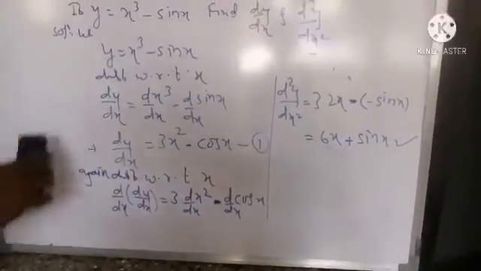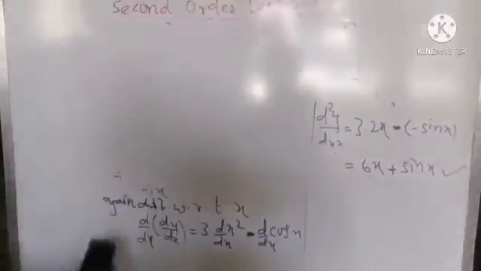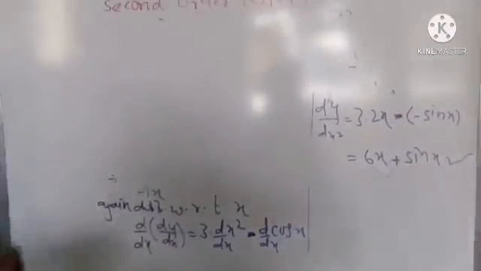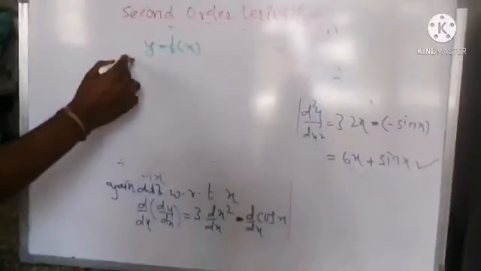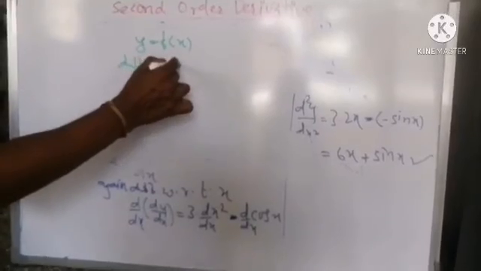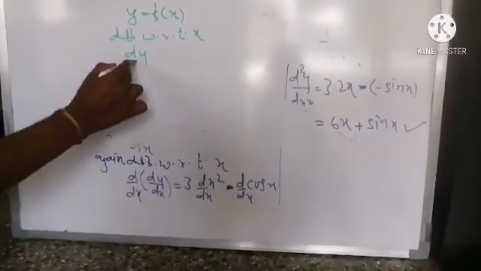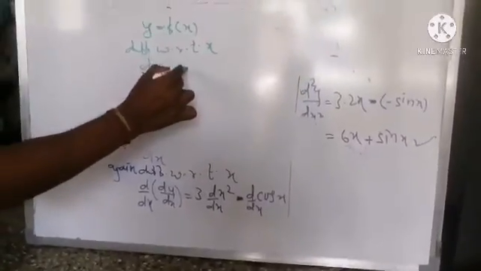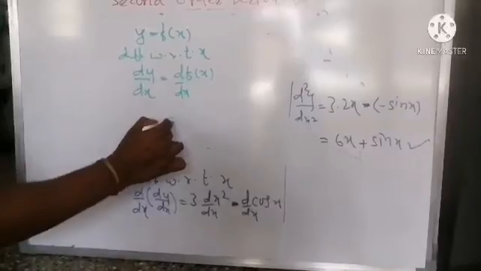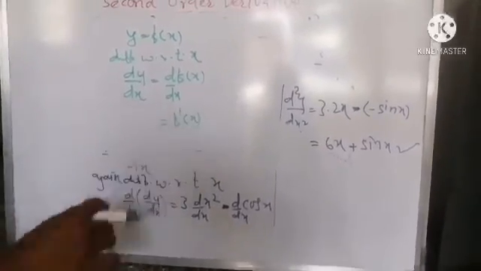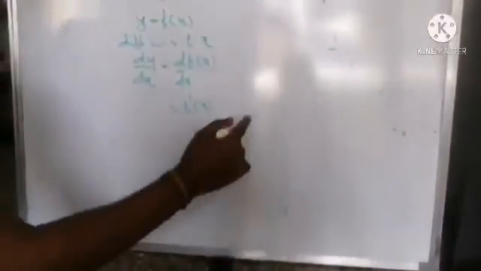What we learn here is that if y is equal to f of x, then we differentiate this dependent variable y with respect to independent variable x, we get dy by dx, and dy by dx is the derivative of f of x, which is equal to f dash x. This dy by dx is called first order derivative.